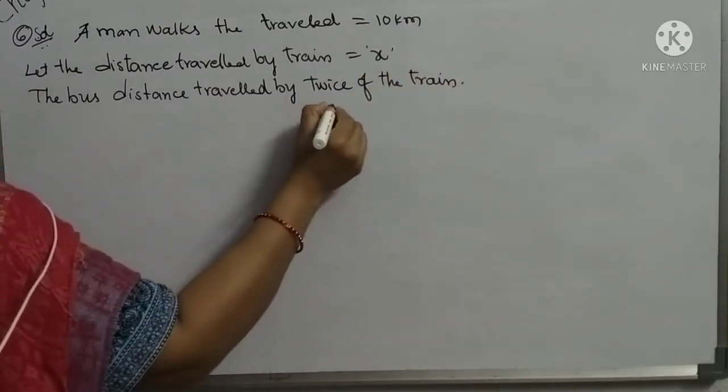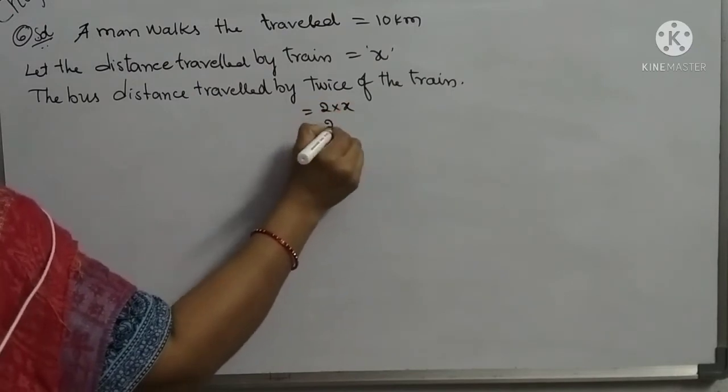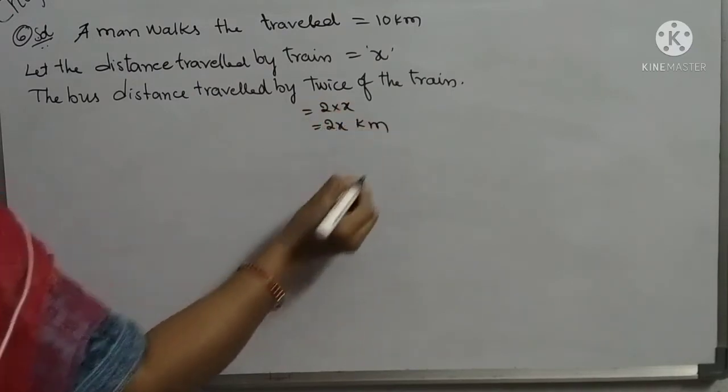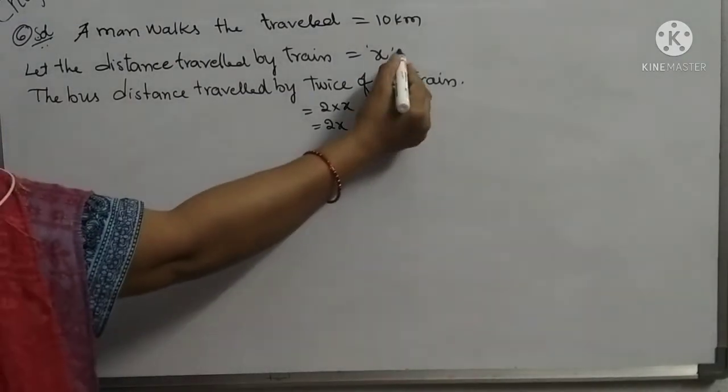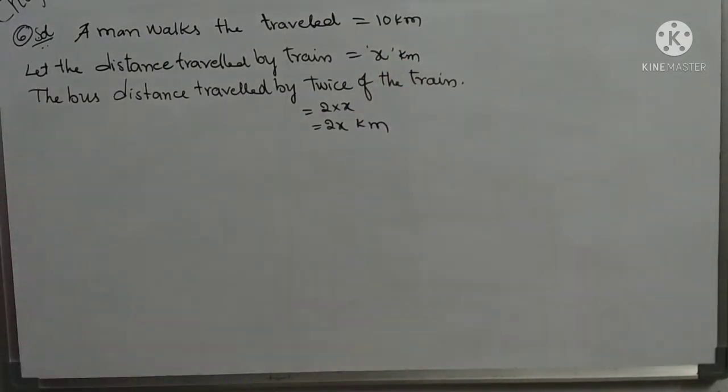It means 2 into x, 2x kilometers. Understand here, here also x kilometers. Understand that? Okay. What is it according to the problem?